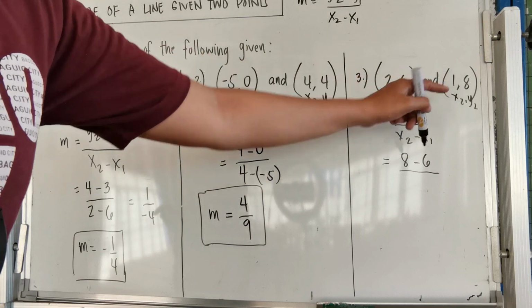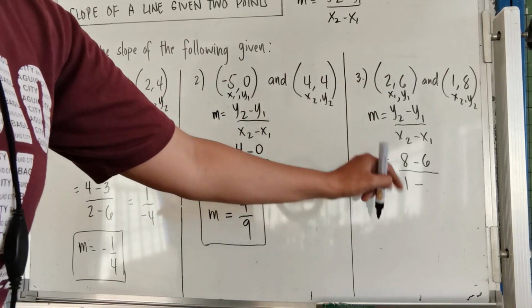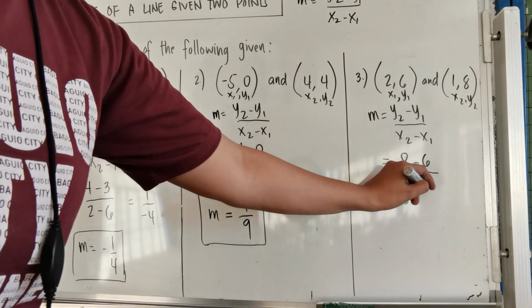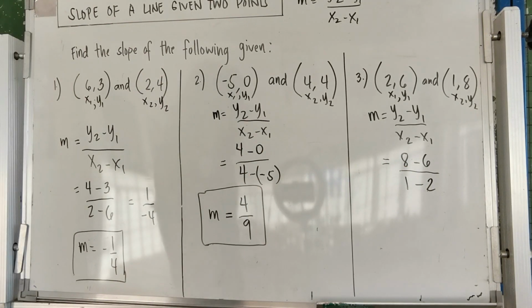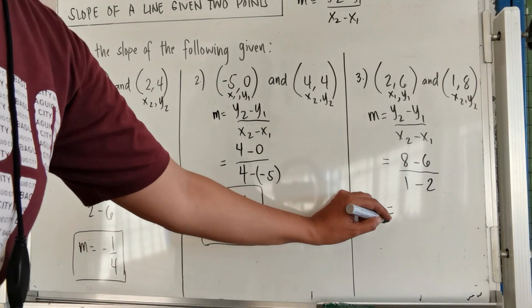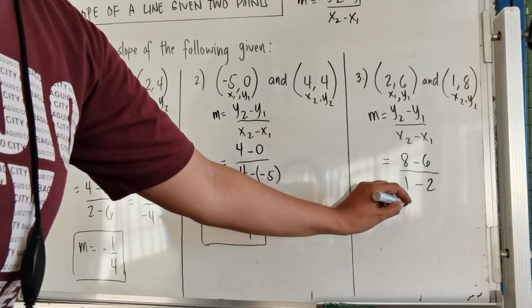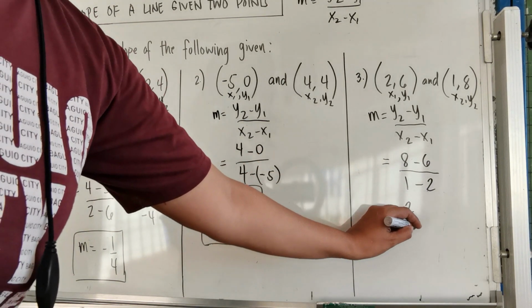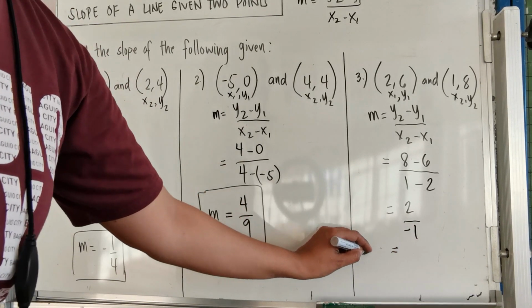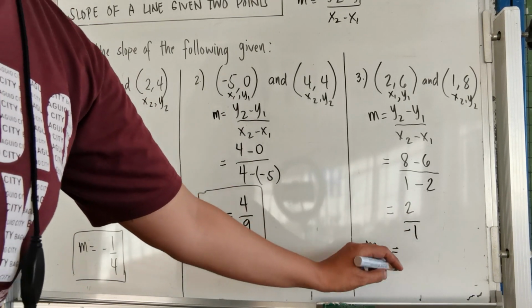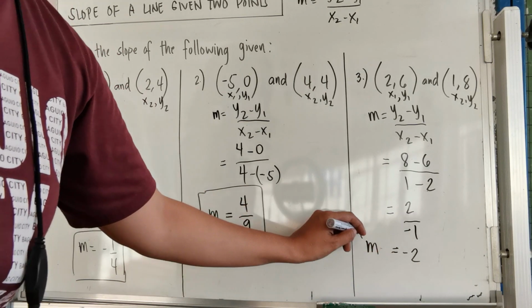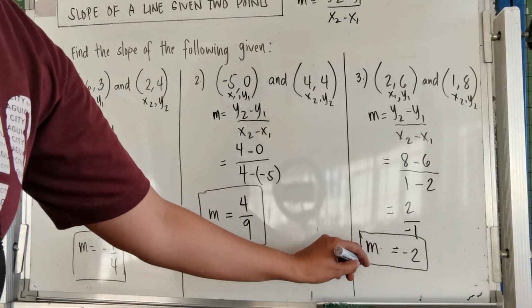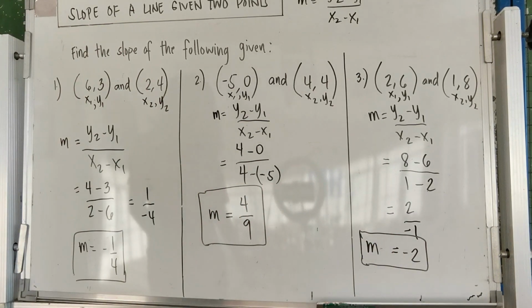Then our x sub 2 is 1 minus 2 ang ating x sub 1. So pag sinimplify, magiging 8 minus 6 is 2 and 1 minus 2 is negative 1. Or simply, 2 divided by negative 1 is negative 2. So ang ating slope ay negative 2.